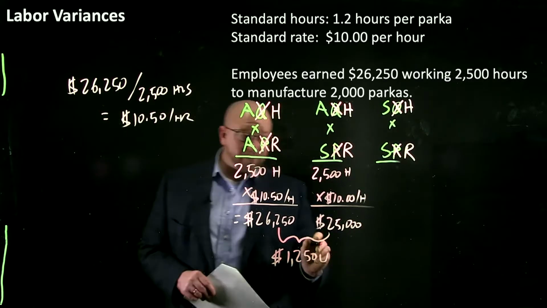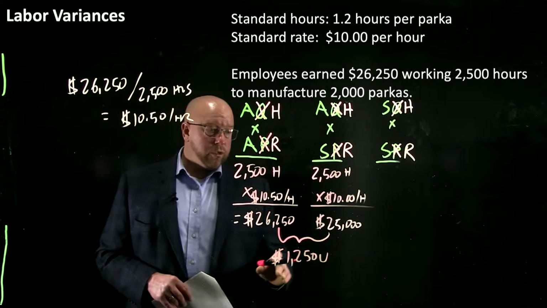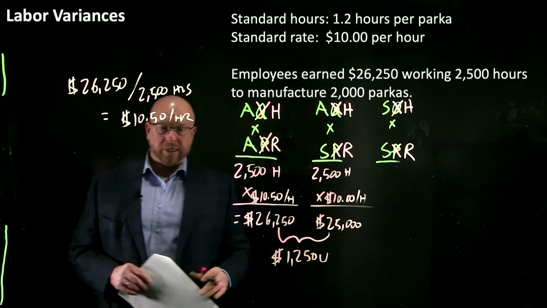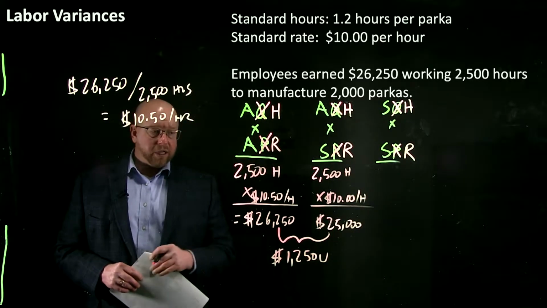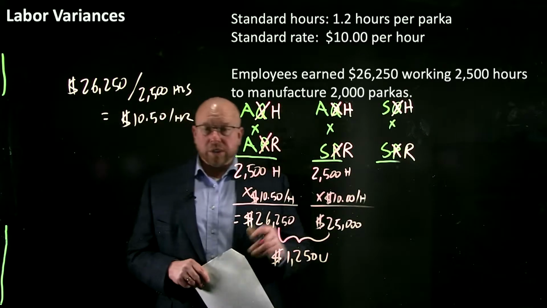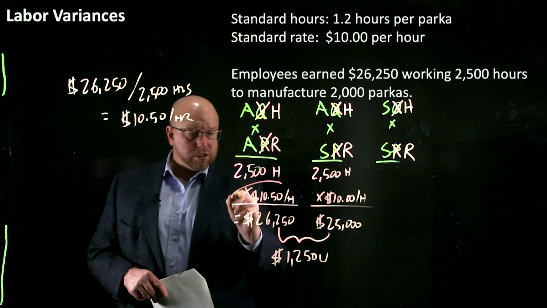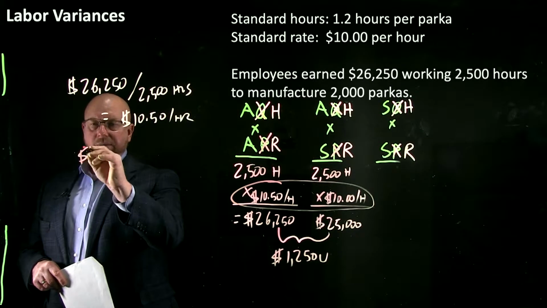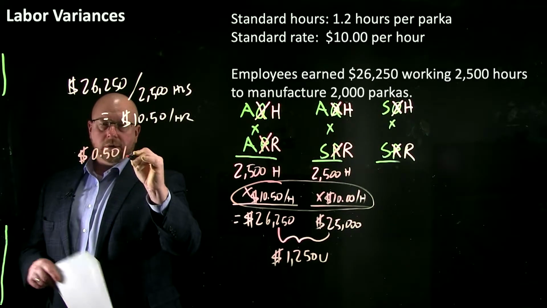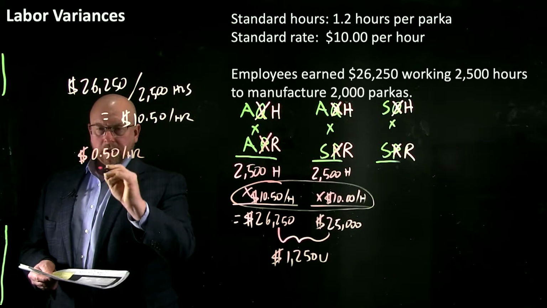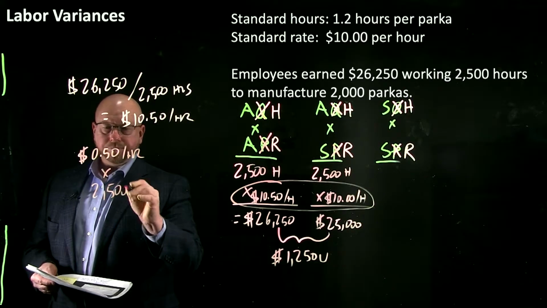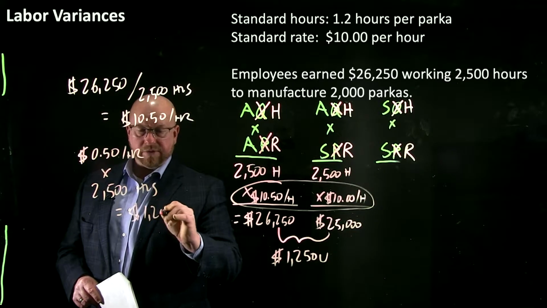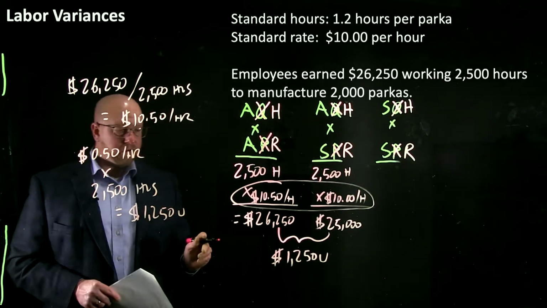And it's unfavorable because we should have spent 25 grand for that number of hours. We actually spent 26,250 for that number of hours. And what you can see also, kind of the shortcut solution, look at it this way. That's an extra 50 cents per hour. So an extra 50 cents per hour times 2,500 hours gives you a $1,250 unfavorable variance.